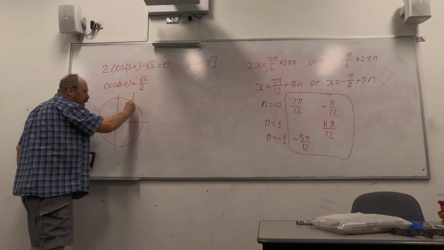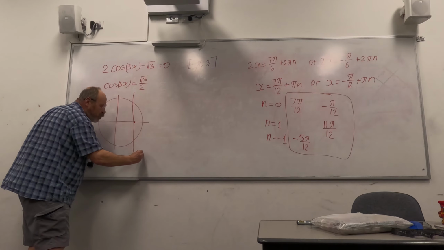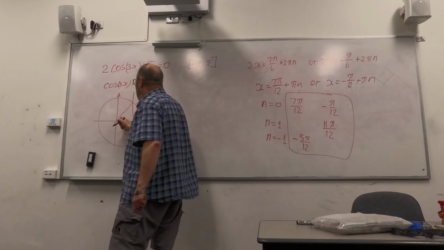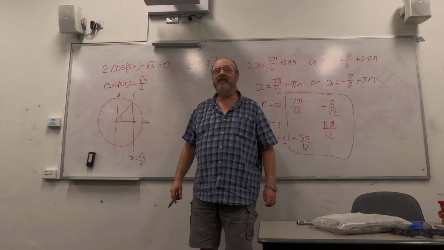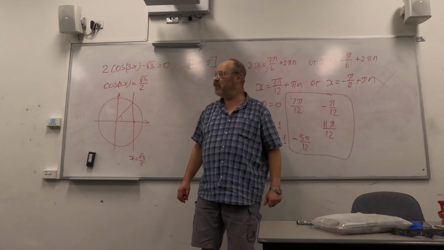Why? Because it's cos. So we have x equal root 3 on 2. Now, what will this angle be? It is pi on 6, or 30 degrees.